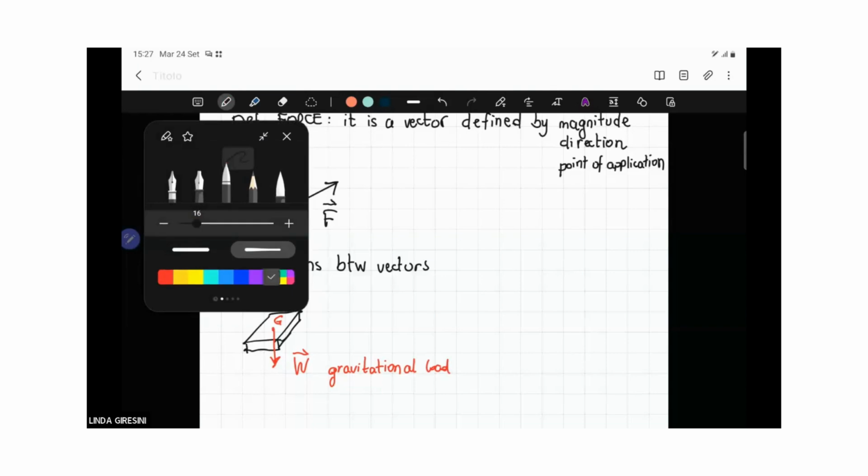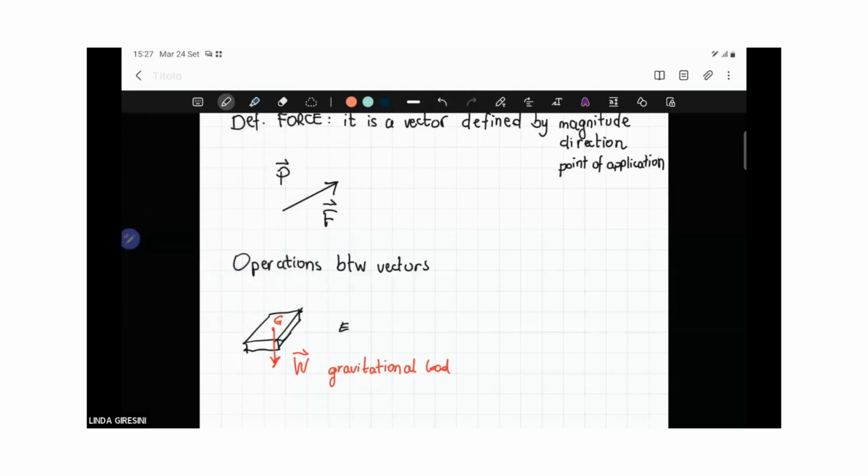This is an example of a force vector, because it has its magnitude, which can be, for example, W 100 grams, or if we take a vocabulary, for example, it will be 1 kilogram, or if we take, I don't know, 1 cubic meter of concrete, it will be 22 tons.